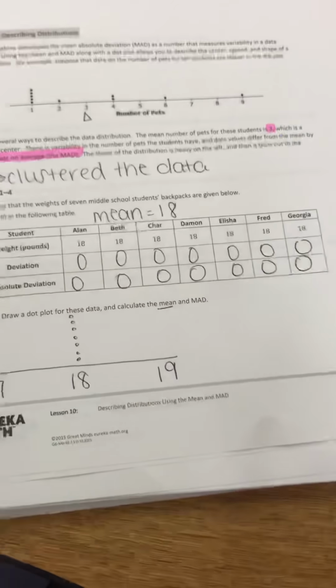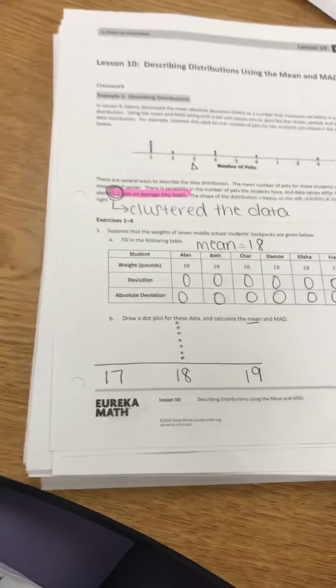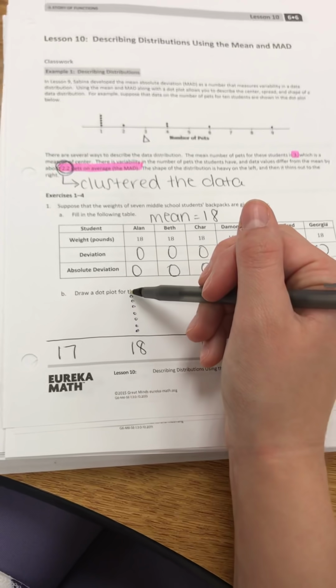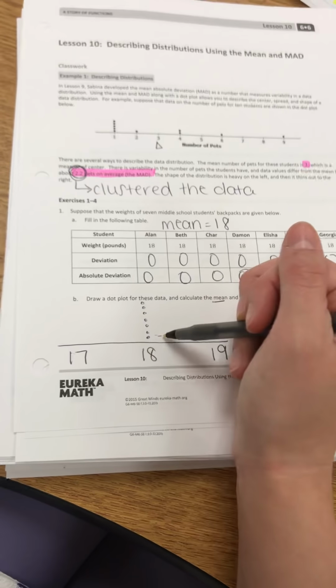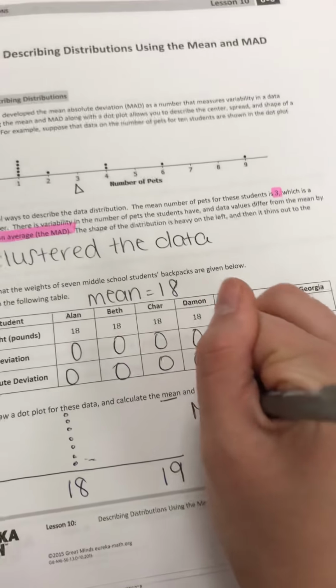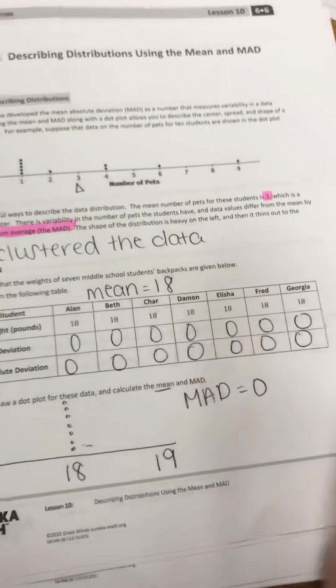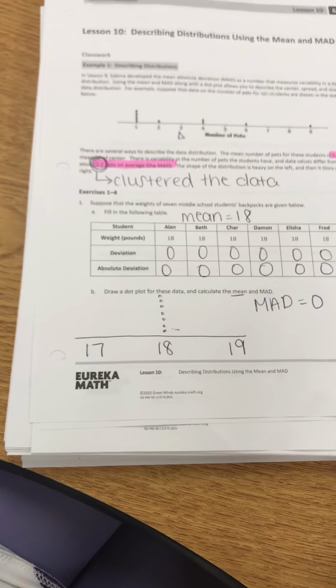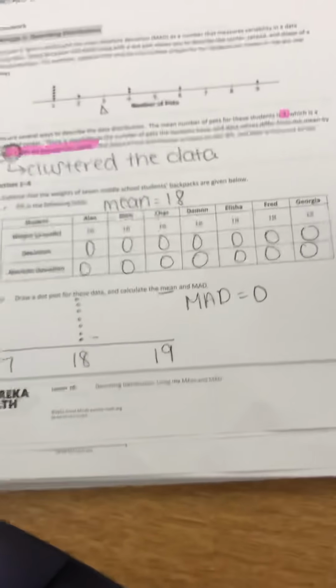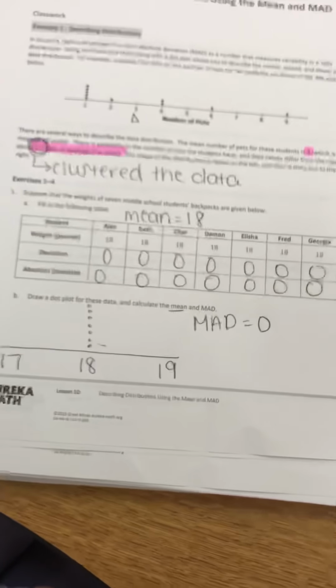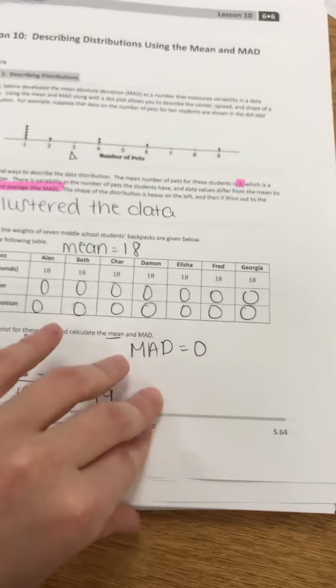That's up there. And it says, what's the MAD? Well, remember that when your data is all above the same spot, your MAD is 0. It's 0. Okay, remember when we did city A, it's 0.